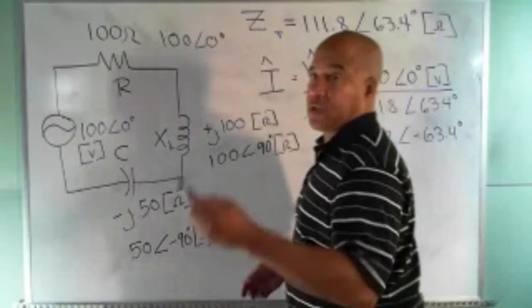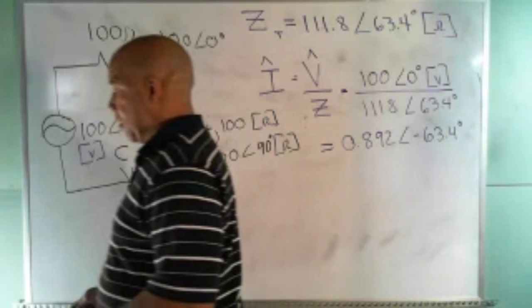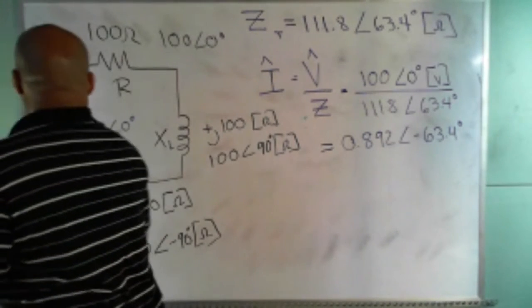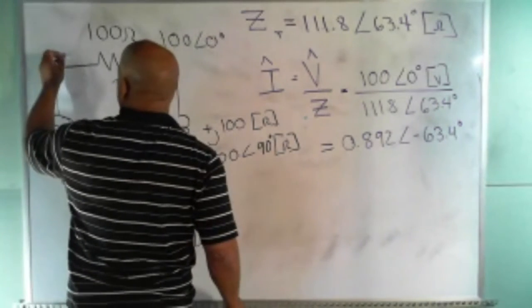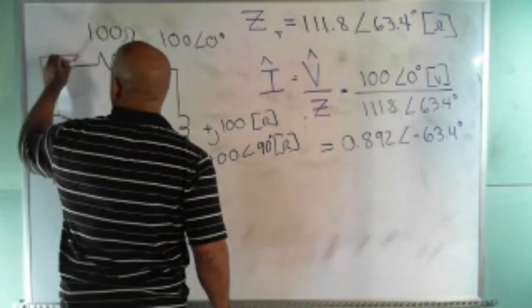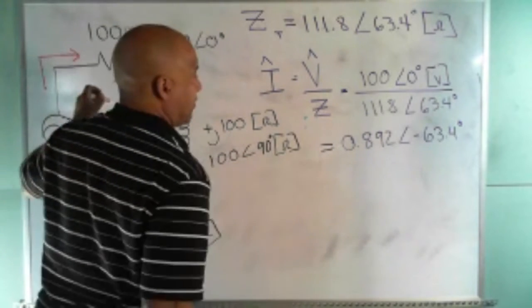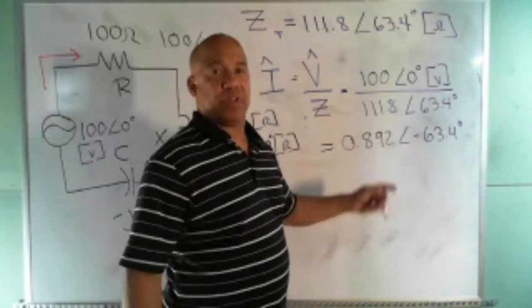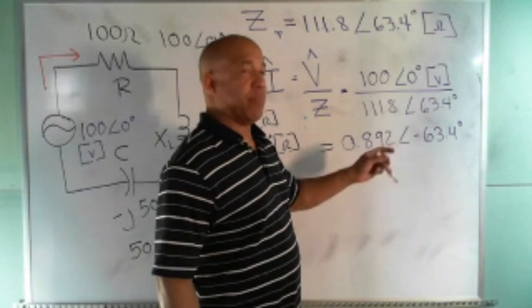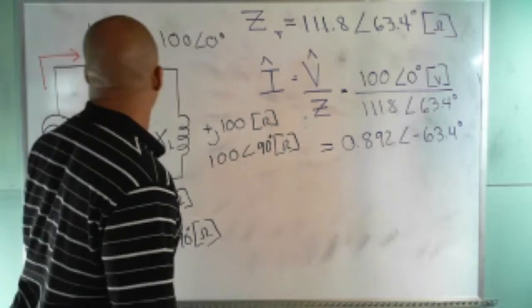Let's compare those. Okay, so I'm going to use a certain color. Remember your color coding. I don't know if this red shows up or not, but I'll go ahead and use red for my current. If you want to show it in milliamps, you could. You can move it over and show it in milliamps. I guess that might be a little better.